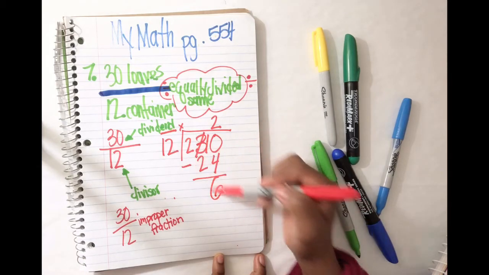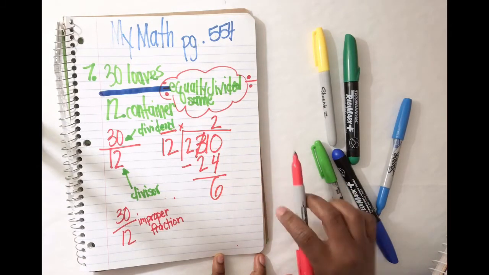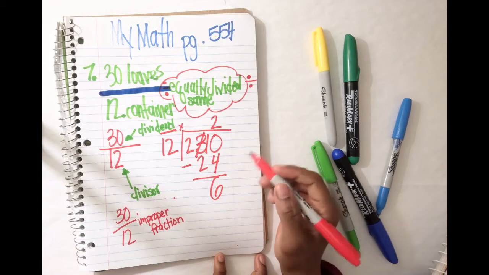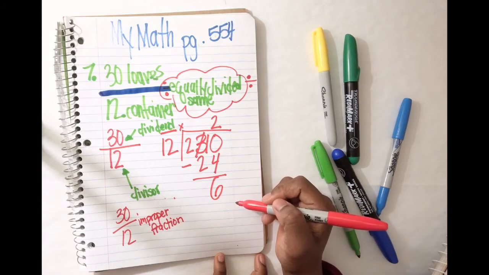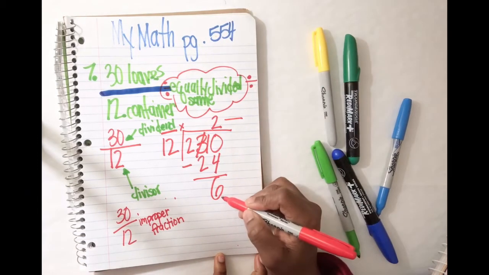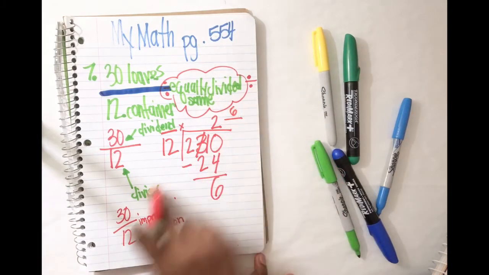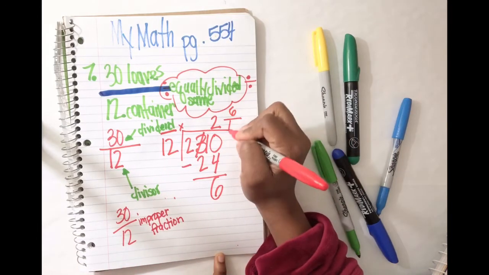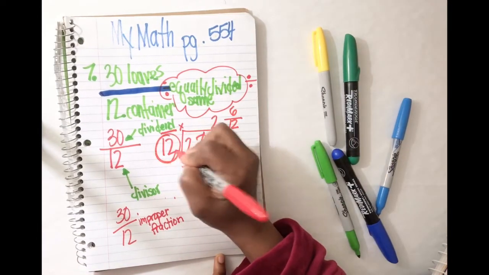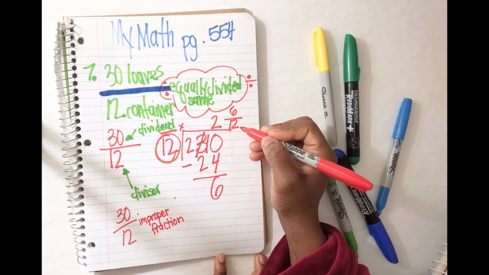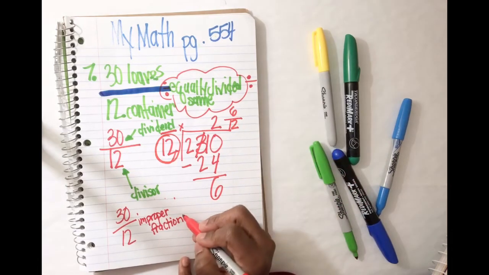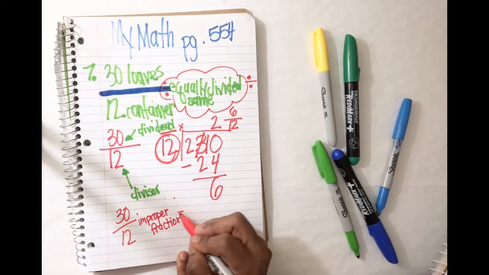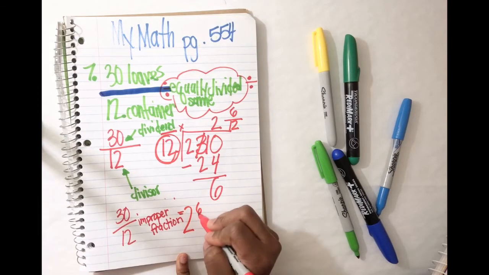How many times does 12 go into 6? It can't. I'm done. Now I'm going to report my remainder as a fraction. My remainder is my numerator. Remember, I told you your denominator is going to be your divisor. So this divisor becomes our denominator again. So now 30 twelfths is equal to 2 and 6 twelfths.